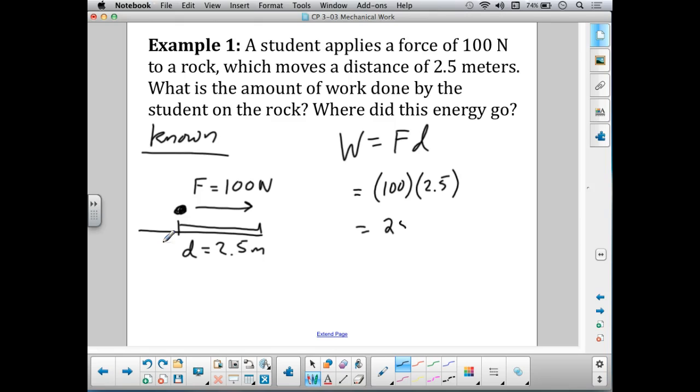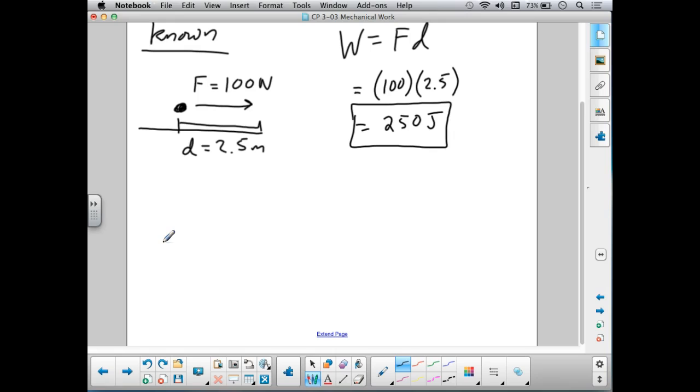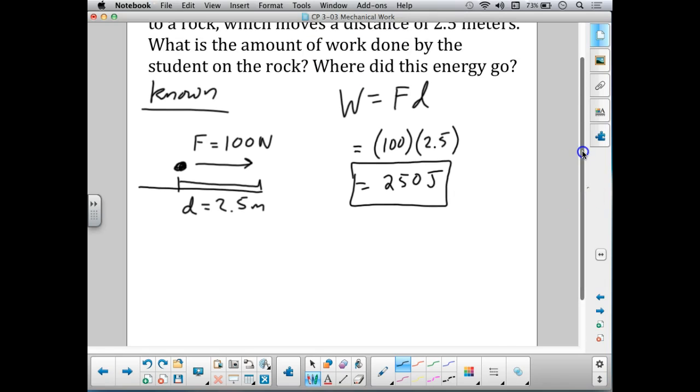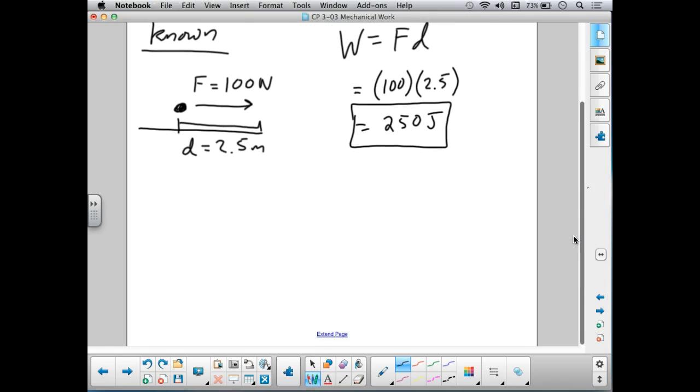And if I multiply that out, I get 250 joules. So that is the amount of work done by the student on the rock. A very simple, straightforward example. We didn't even have to use our total energy relation. But we are also asked, where did this energy go?